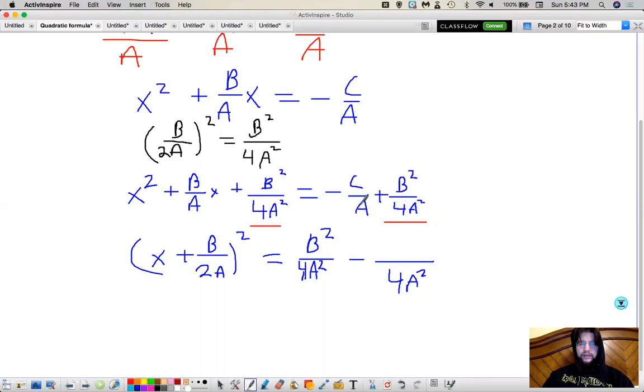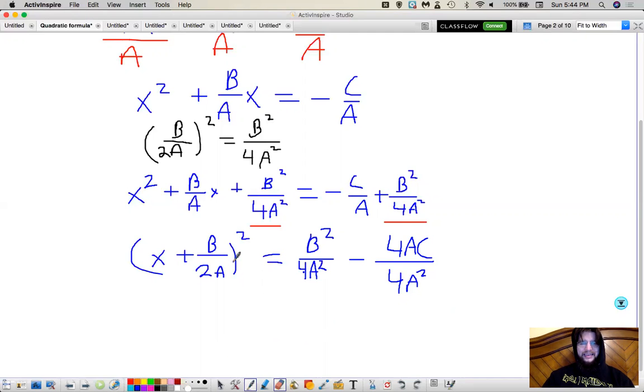So I multiply this by 4a, which gives me 4a squared, and I need to do the same thing to the top part, so 4a times the c.